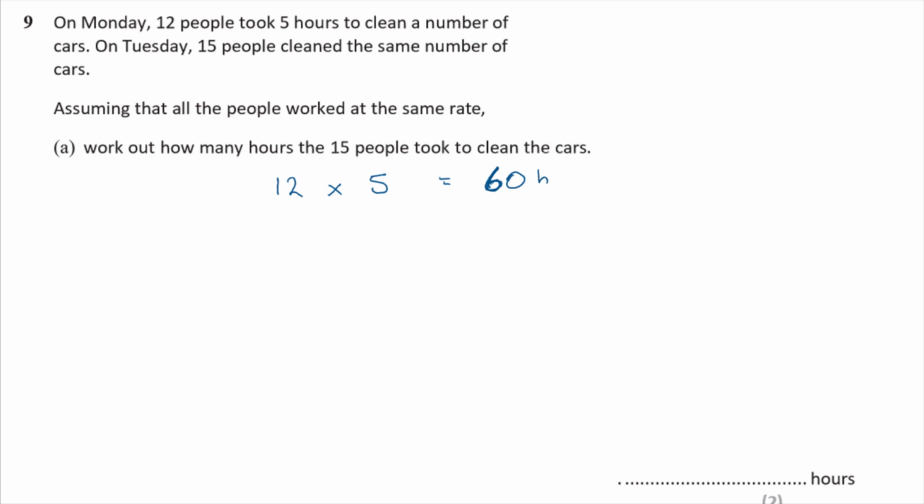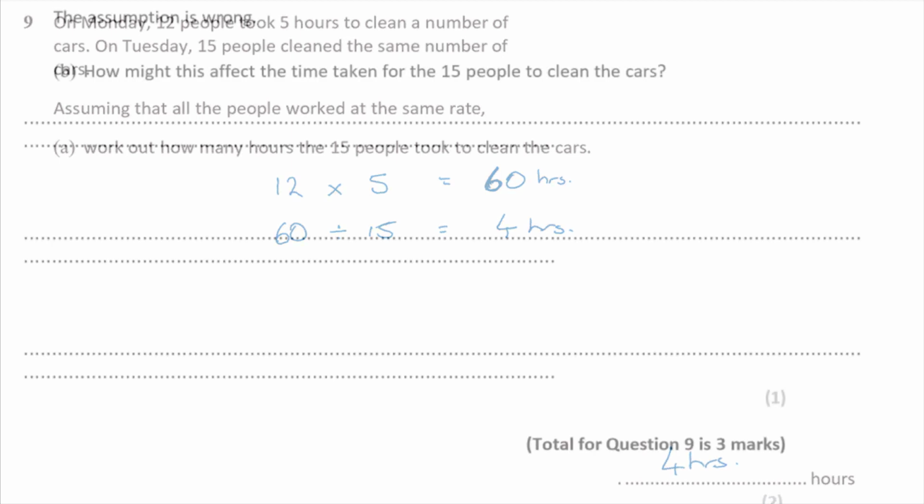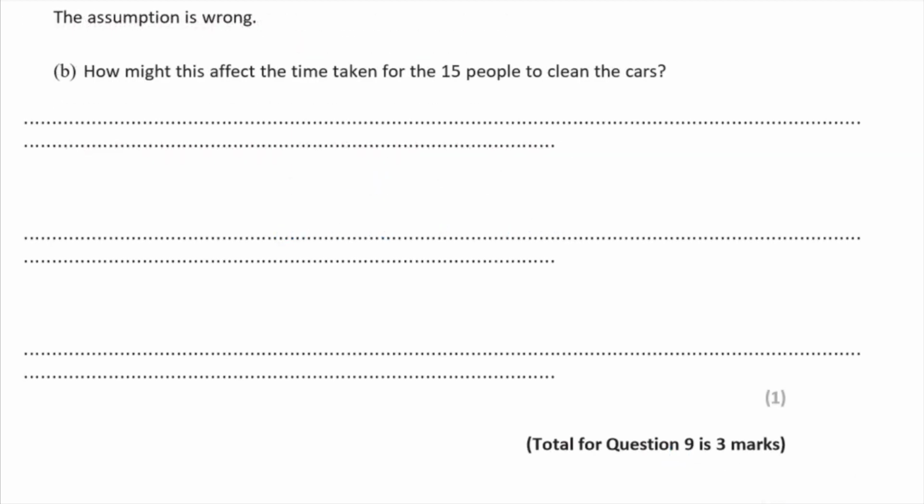But if you've got more people working on it, they're going to get through that work in less time, aren't they? So if I take that 60 hours worth of work and I divide it out amongst 15 people, then you can see that each are going to get 4 hours worth of work each, and overall the task is going to take 4 hours then, isn't it? So 4 hours.